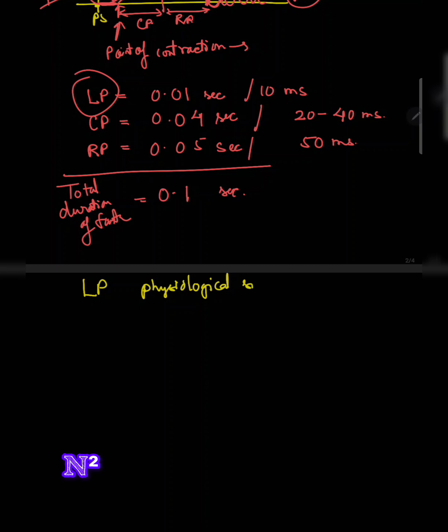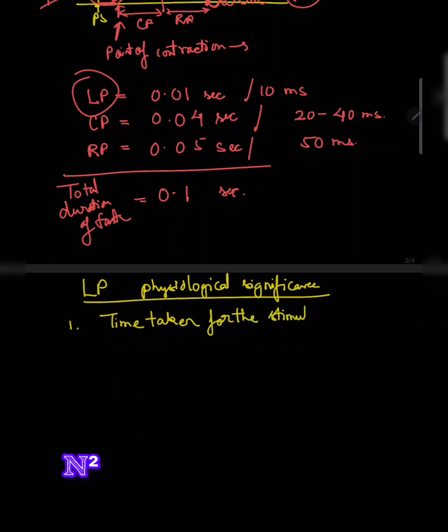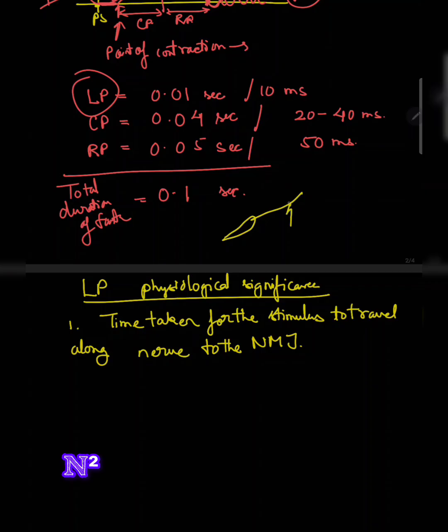Number one point is, it is the time taken for the stimulus to travel along the nerve to the neuromuscular junction.